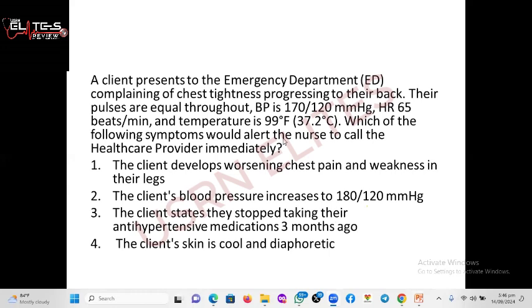Hello. Yes, Madam Zara, I'll go for 2 because 2 is an extreme high blood pressure, which can cause, because you said earlier that one of the causes of aneurysm is high blood pressure. So there can be a rupture of the aneurysm somewhere.